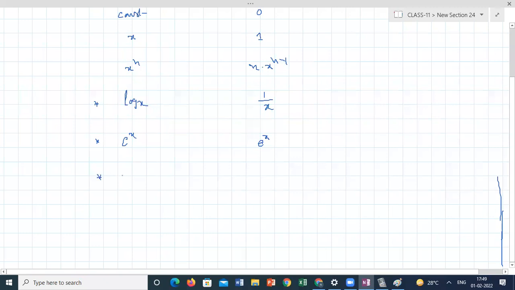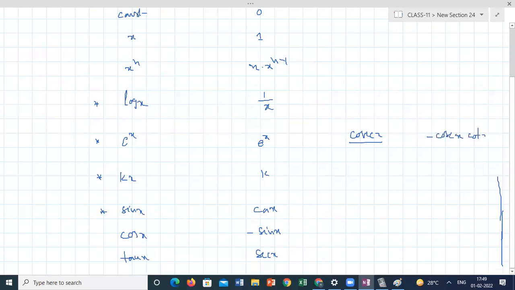If it is kx, the differentiation is k. If it is sin x, the differentiation is cos x. If it is cos x, it is minus sin x. Tan x gives secant square x, and secant x gives secant x into tan x. For cosecant x, the trigonometric ratios starting with c have a negative answer: minus cosecant x into cot x.